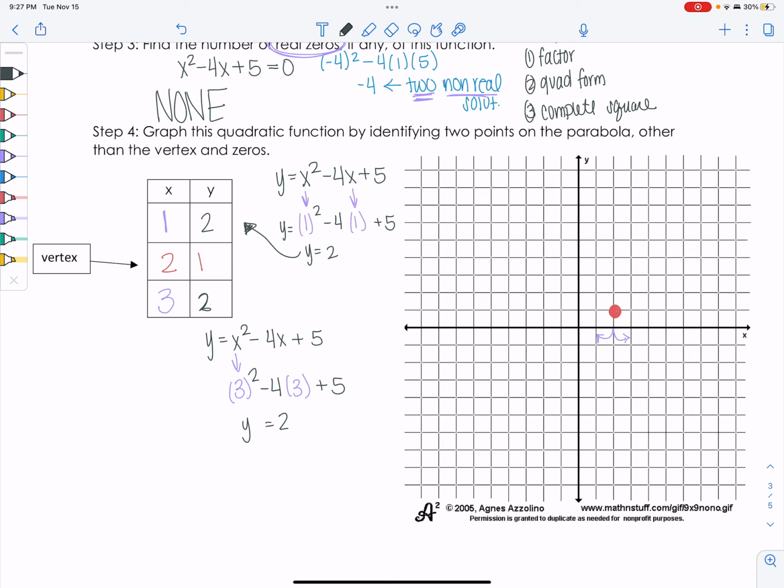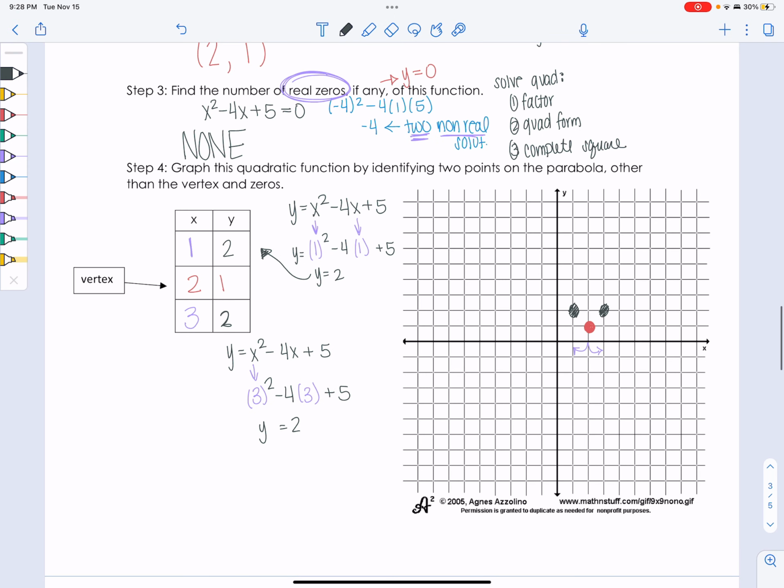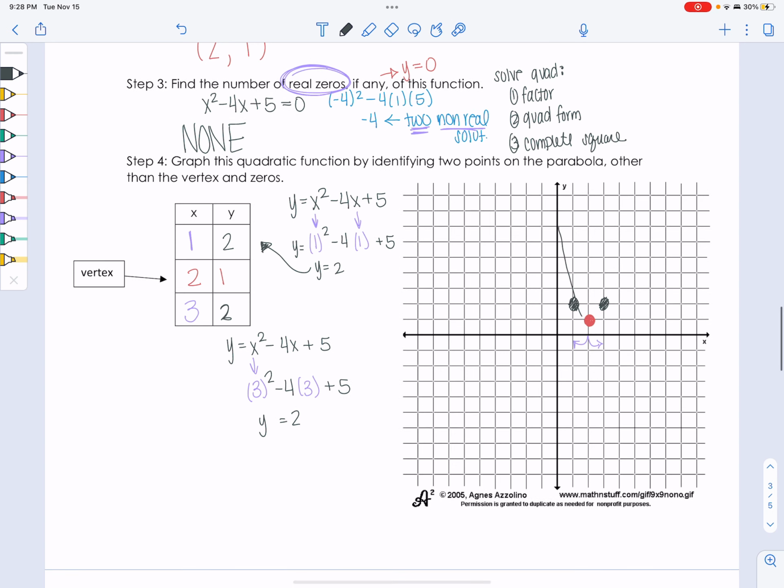And so now I'm going to plot this. My 2 points are going to be the point (1, 2), and so go right 1, up 2. And the point (3, 2), go right 3, up 2. Now, we don't know any other points, but all of these are going to have a nice curve. Oops, I missed my point. A nice curve in the bottom. They are not going to be straight and pointy.